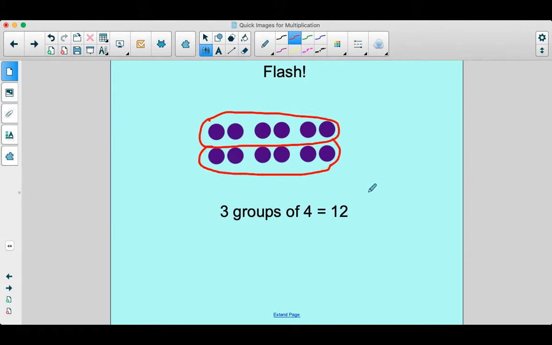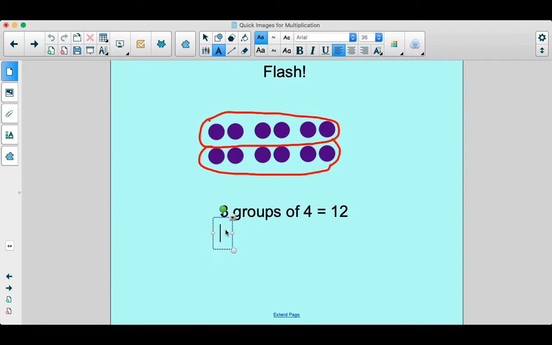How many groups did I just draw around that? And how many dots are in each group? So maybe you saw 2 groups of 6. So there's 2 red groups and then 1, 2, 3, 4, 5, 6. And that still makes 12 dots.